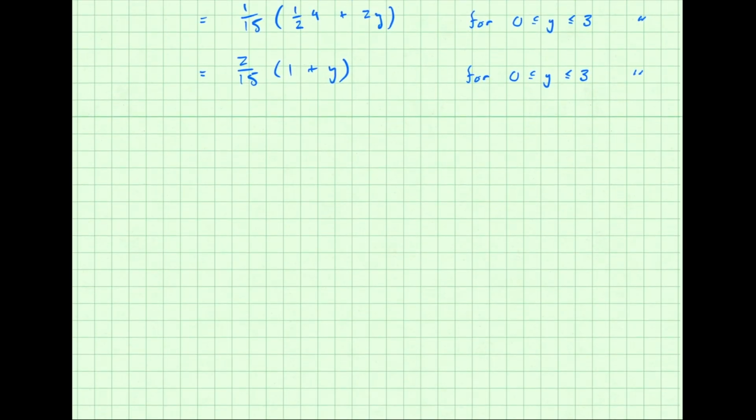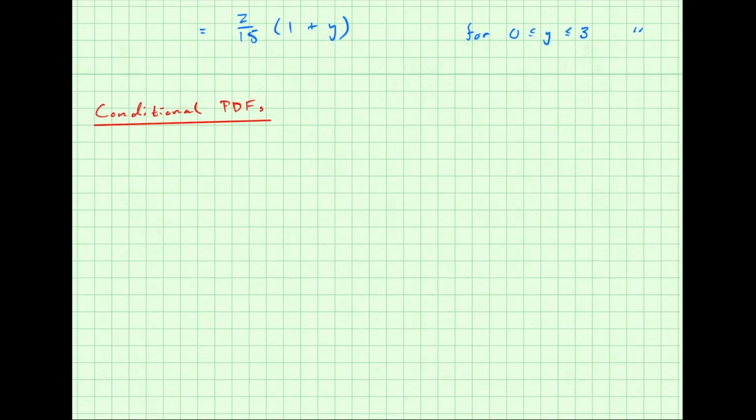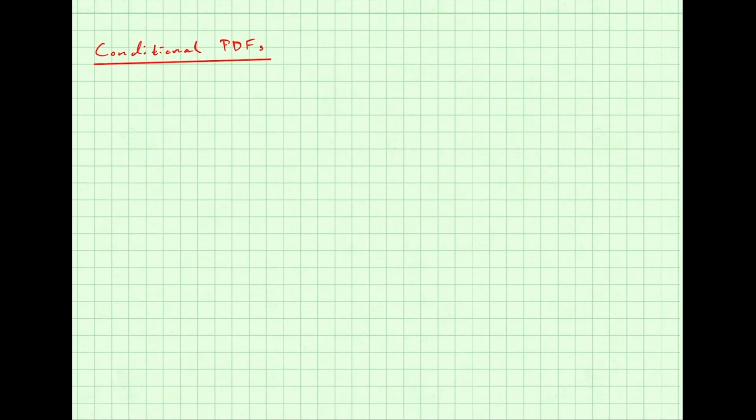All right. Now we're going to introduce conditional probability density functions for the bivariate case. And for this, the definition is very much patterned off of what we saw for the discrete case.